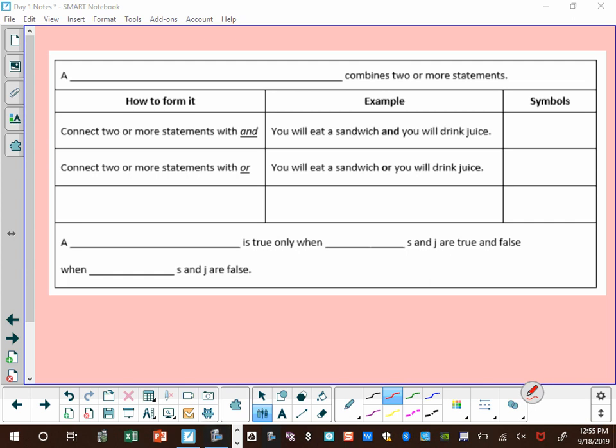All right, so we're going to finish these notes for at least part 1. Next, we have a compound statement. A compound statement combines 2 or more statements.